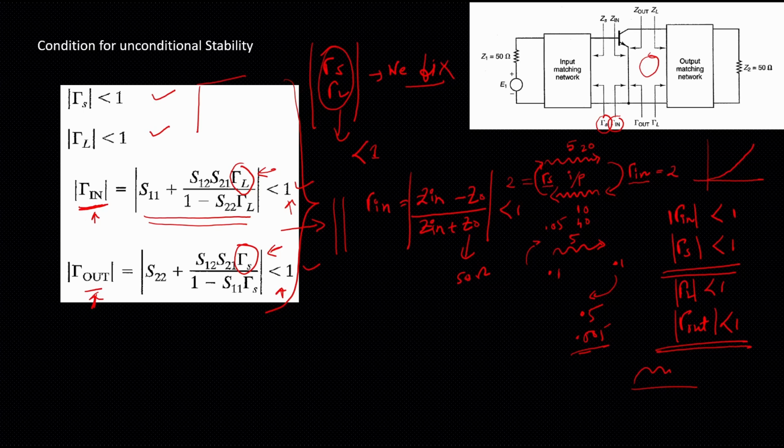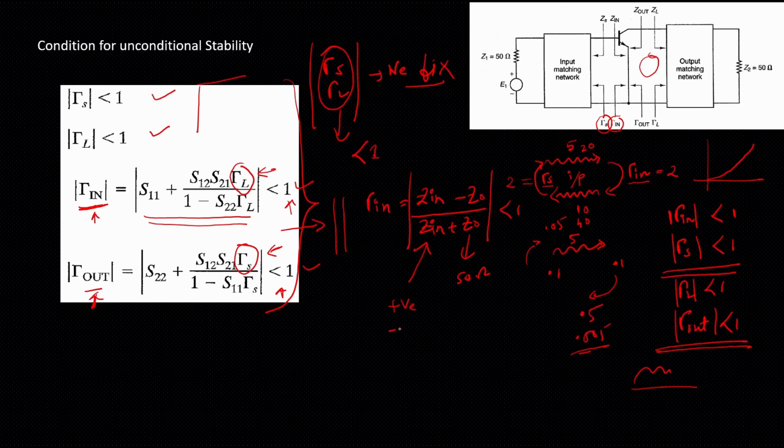It can't be a negative number. So if your Z in is positive, then see the equation. Above we have minus, and below we have plus. So my numerator will always be less than my denominator. So the magnitude will always be less than 1.